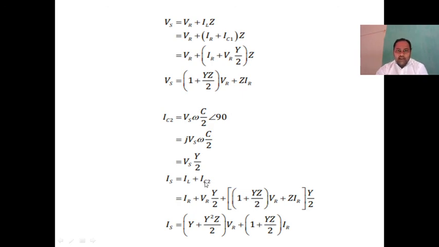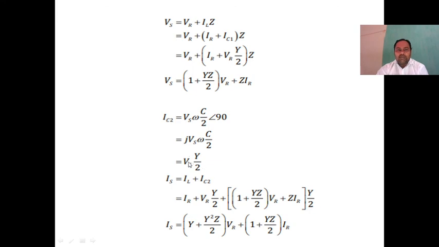What is IC2? IC2 is nothing but Vs into Y by 2. We substitute IL as IR plus VR Y by 2.